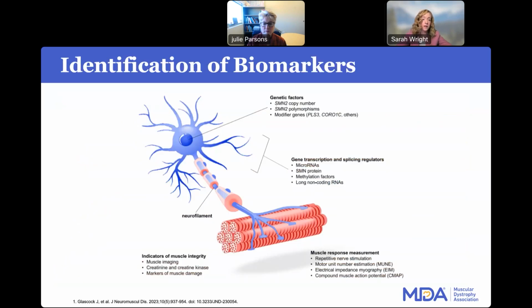And so, biomarkers in SMA. One would think that at this point we have some very good biomarkers for trending, but it's actually been a very difficult disease in which to identify biomarkers. The strongest biomarker we have, of course, is the SMN2 copy number. But as we pointed out earlier, copy number doesn't necessarily predict overall phenotype and disease progression.